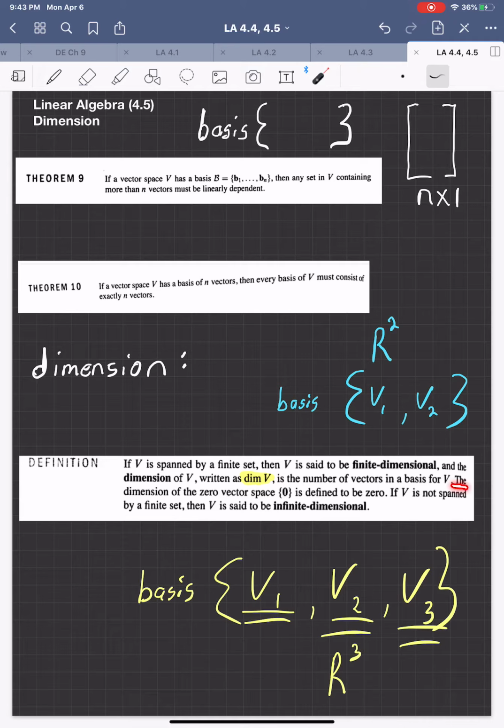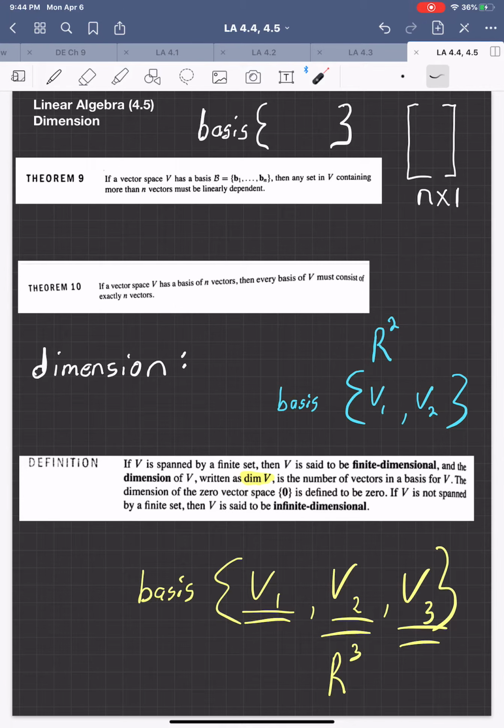The dimension of the 0 vector is defined to be 0. That's an important point. But we won't stay there very long. If you have the 0 vector and that's all you have, we have defined the dimension of the 0 vector to be 0.